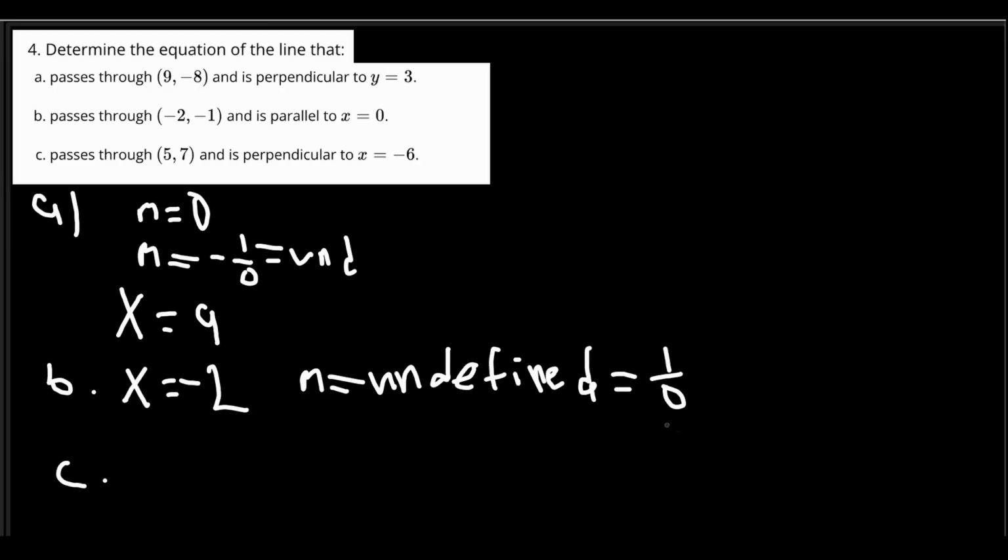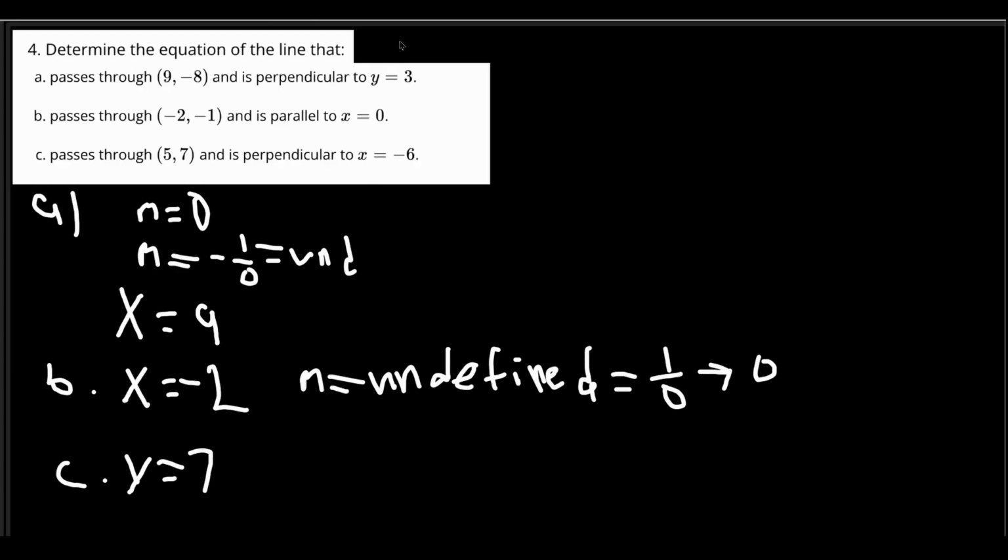And if we take the negative reciprocal of 1 over 0, we get 0. And if the slope is 0, then it's a horizontal line. And horizontal lines come in the form of y equals some number. And if we look at this set of coordinates, the y value is 7. And so therefore, the equation for C is y equals 7.